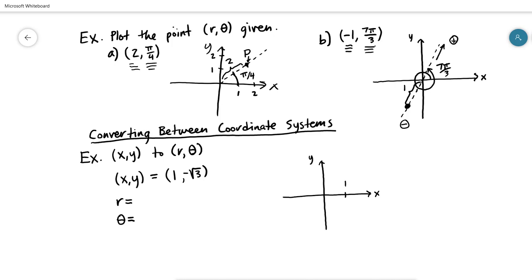I'll call that a distance 1 in the x direction, and negative root 3 is about negative 1.7, so I'm going to say that's right about here. That puts us at this point right here. So here's 1, and right here I'm going to call this negative square root of 3. This is what we're looking for: this value of theta and that distance r right there.